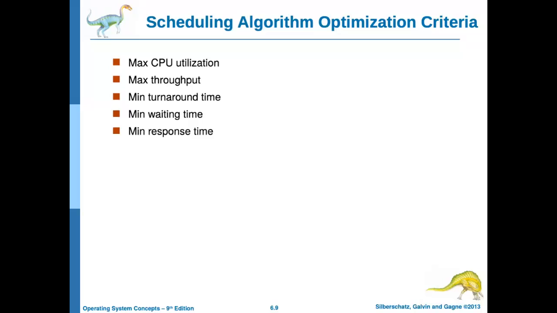And 5 criteria we discussed: CPU utilization, throughput, turnaround time, waiting time, and response time. The first 2 parameters, CPU utilization and throughput, we expect to be maximum, whereas turnaround time, waiting time, and response time should be less, right?